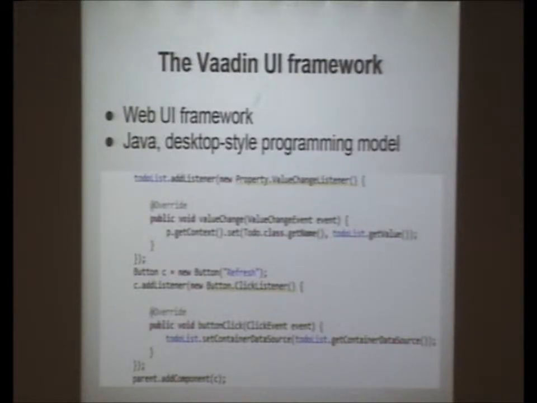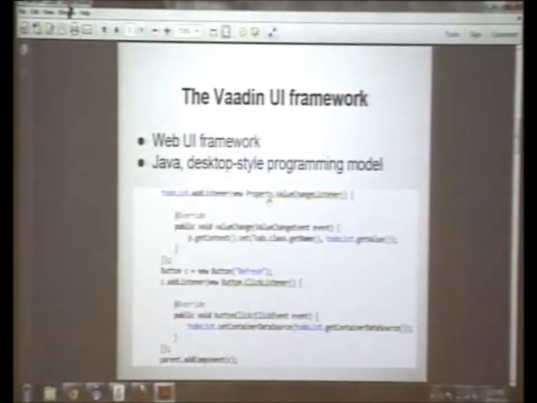Under the hood, this library uses GWT and converts these Java components that you see here, new button and parents, to JavaScript widgets, which get run on the browser. They get serialized, they go to the JavaScript engine on the browser and get executed there.